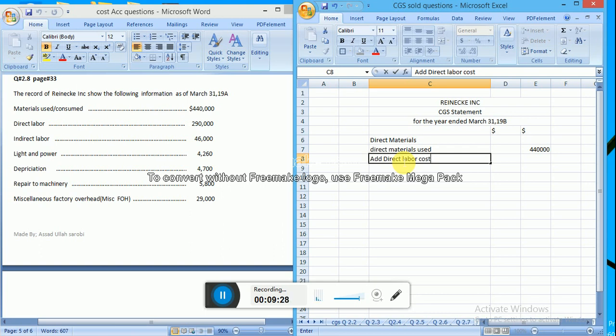Before the material consumed, no direct material beginning and no direct material ending are given, and purchases are also not given. So in this way we are unable to find the beginning direct material, ending direct material, or purchases, because three amounts are missing.